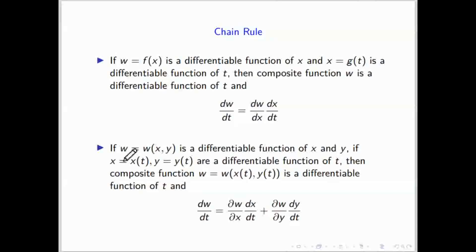If it is one variable, then you will use the notation d, like dy by dx or dw by dt. If it is more than one variable, then we'll use the operator del, and with respect to, suppose here two derivatives are possible, one with respect to x and one with respect to y. Then we'll use the partial symbol.